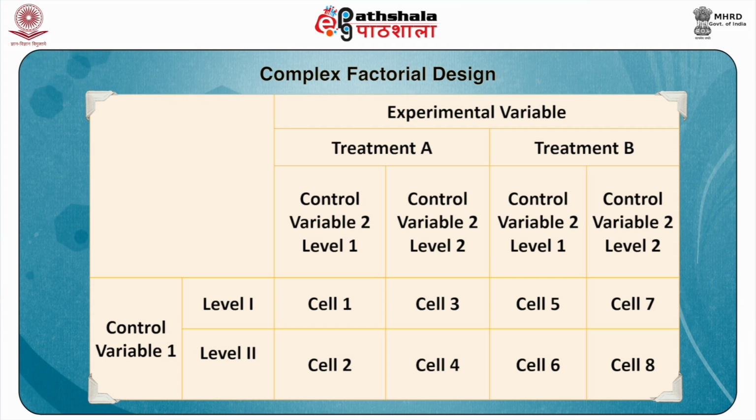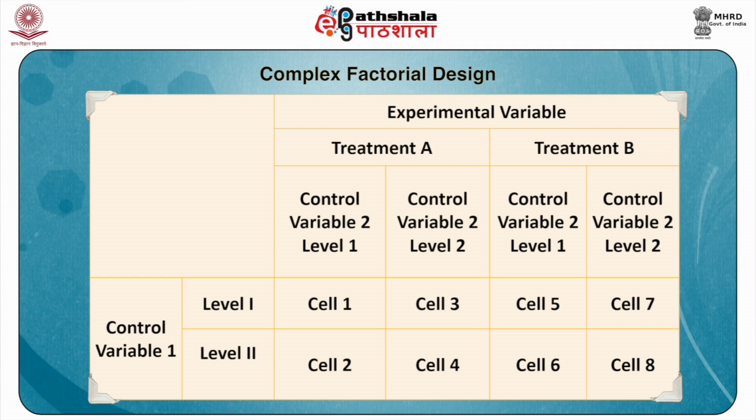In the same way, the main effect for control variable 2, independent of the experimental variable and control variable 1, can be determined if the combined mean of data in cells 1, 2, 5 and 6 is compared with the combined mean of data in cells 3, 4, 7 and 8.